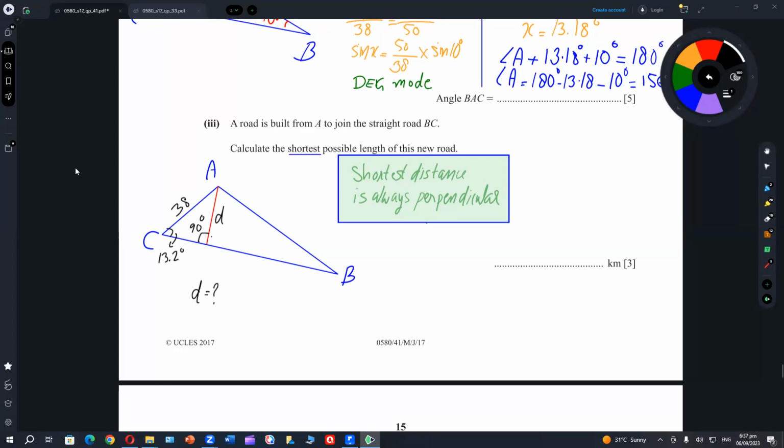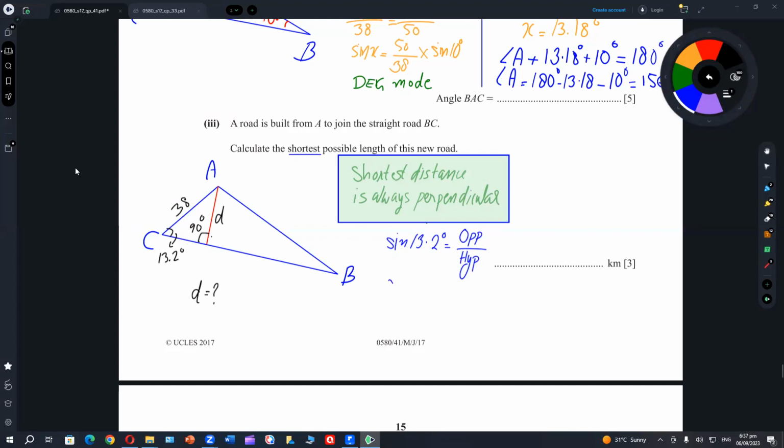Do you remember sine, cos, tan, opposite, adjacent, hypotenuse? For this one we can use sine, cos, or tan.